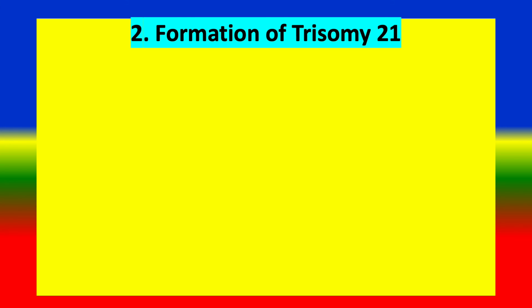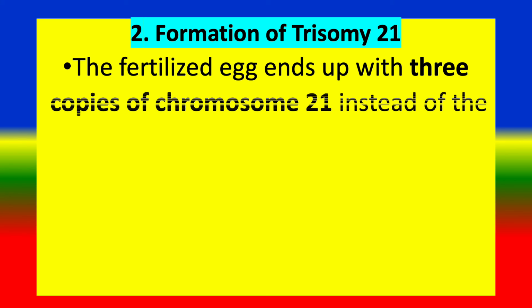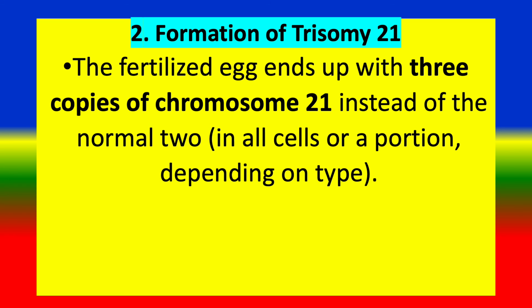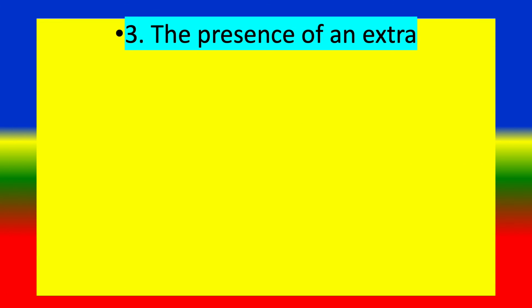2. Formation of trisomy 21. The fertilized egg ends up with 3 copies of chromosome 21 instead of the normal 2, in all cells or a portion, depending on type. 3.